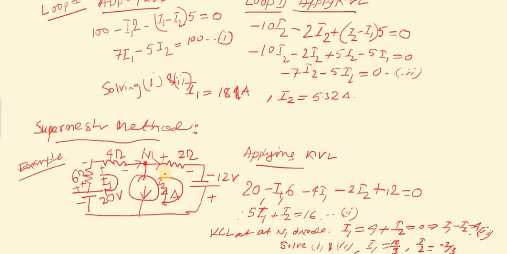That means we assumed clockwise direction, but actually it is not the case. This current is flowing in the opposite direction. Whatever we may assume, only the value will be like this. So this is the super mesh technique.